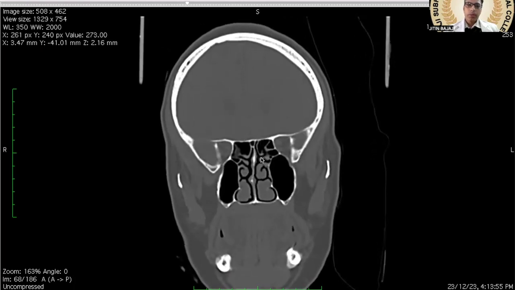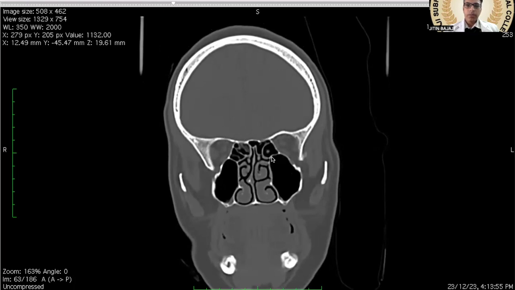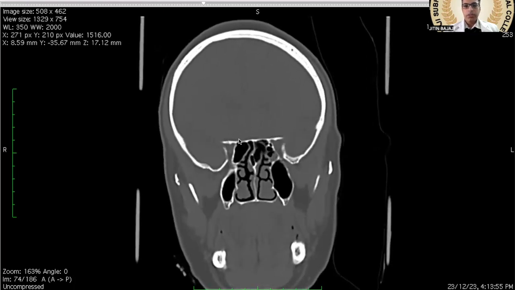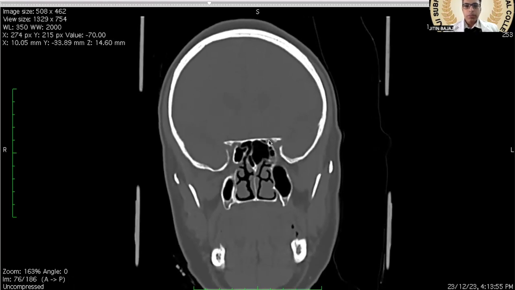So before that it was the frontal bone, and behind we are seeing the lesser wing of sphenoid bone. So here will be the sphenoid sinus. This is the area for the superior orbital fissure, which is between the lesser wing and greater wing of sphenoid bone. As we go posteriorly, we are seeing the optic canals.